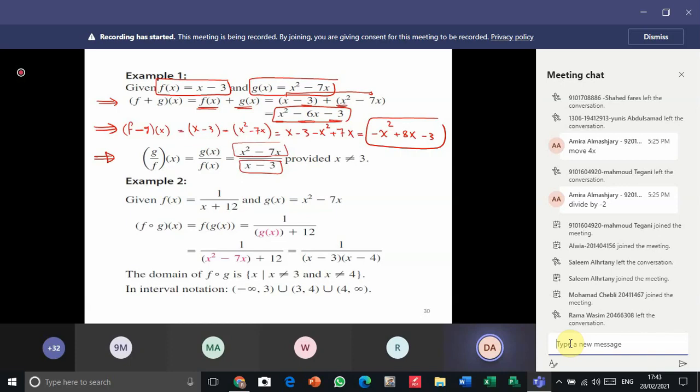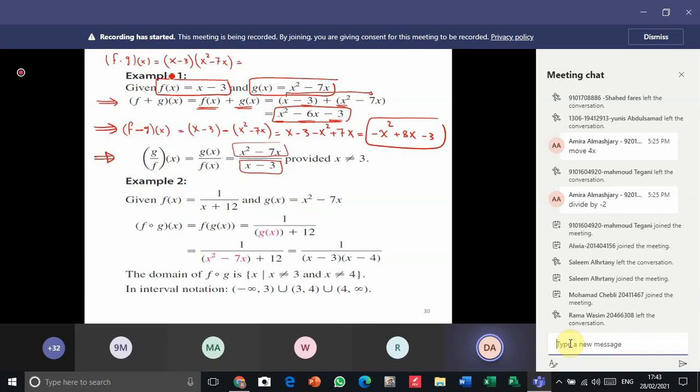If we need to multiply f with g, f multiplied by g, this means x minus 3, this is the f, multiplied by g, x square minus 7x.